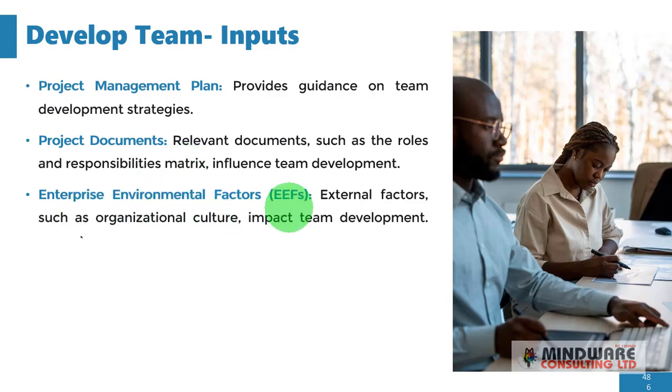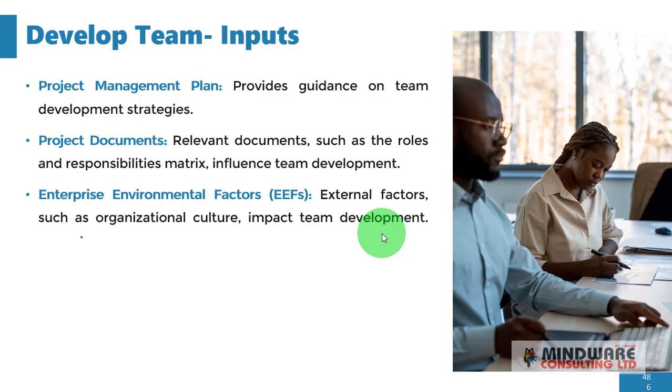Enterprise environmental factors. These are external factors such as organizational culture, and they impact team development. So you're going to have to look at those external factors to the project team, factors that are outside of the project team itself, like the performing organization within which the project team is handling the project.